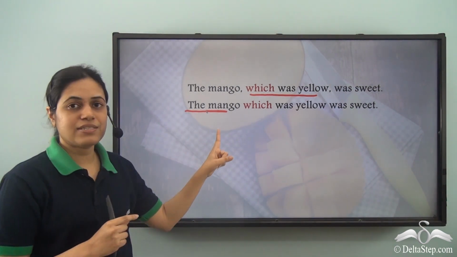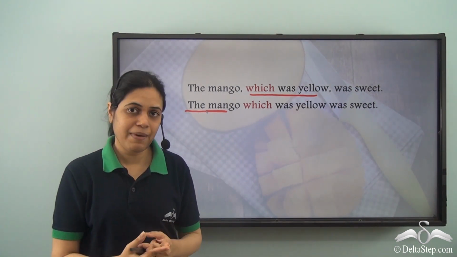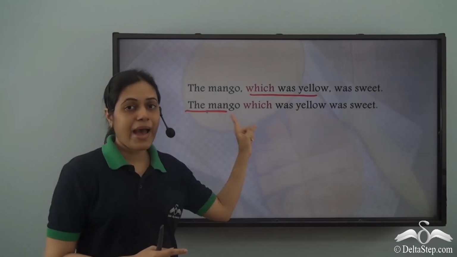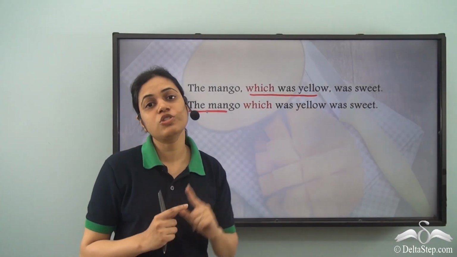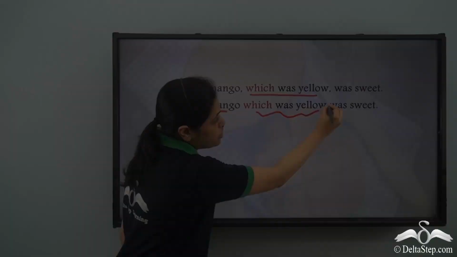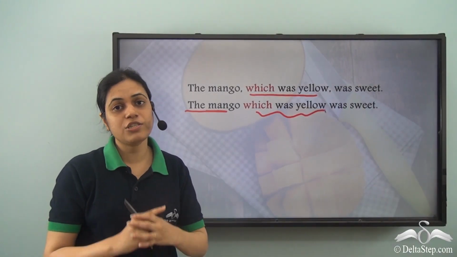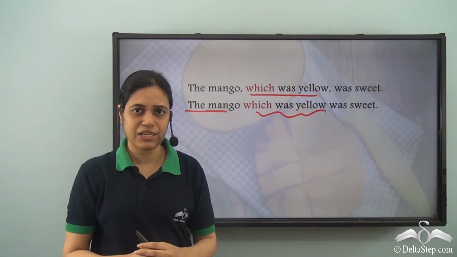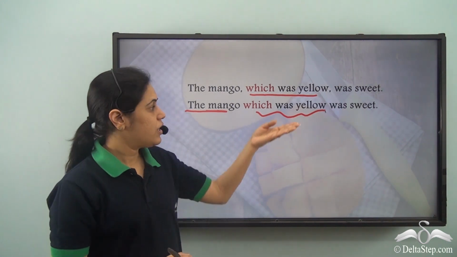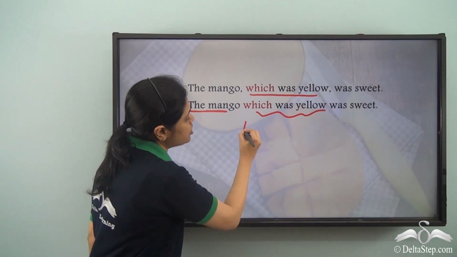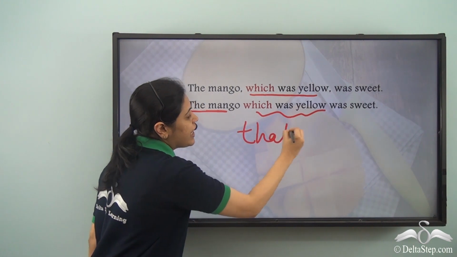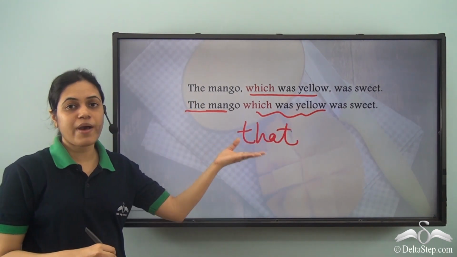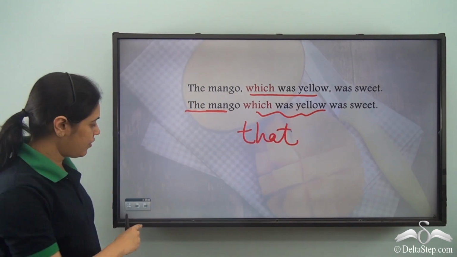So this sentence says that out of the many mangoes that we have, the mango which was yellow was sweet. So this information, which was yellow, is important to say which mango exactly was sweet. Now instead of this which, I can also use a that because mango is a non-living thing.